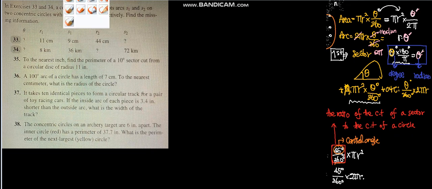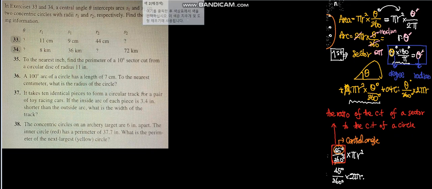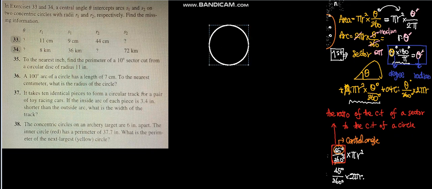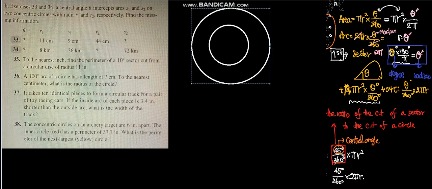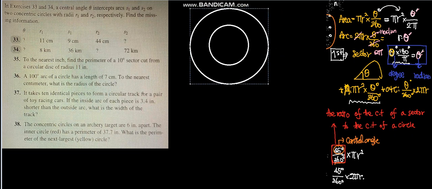Okay. So here, let's solve 33 together. I assume that you read the question here. So you have two circles. Concentric circles just means that you have two circles whose centers are exactly the same. Okay, so something like this.